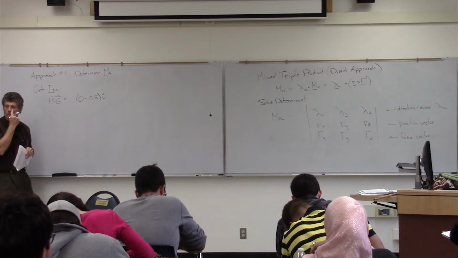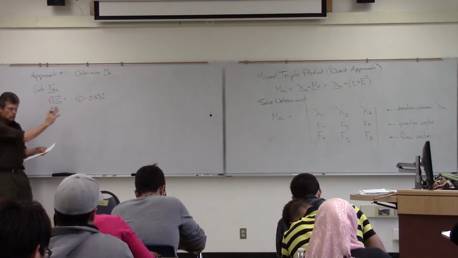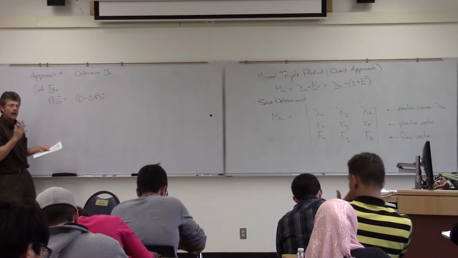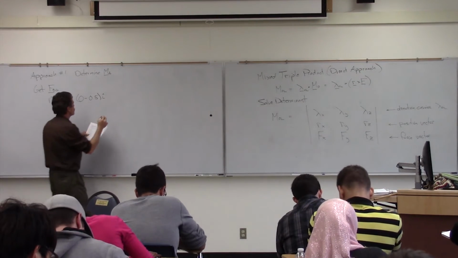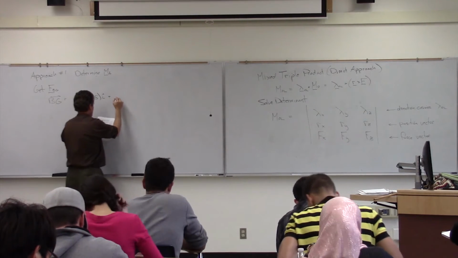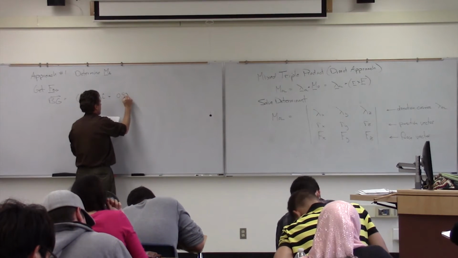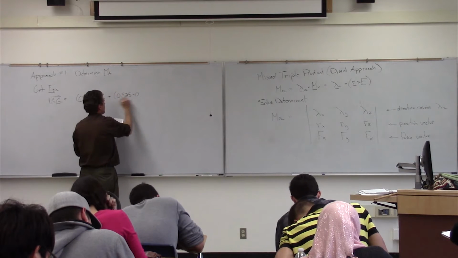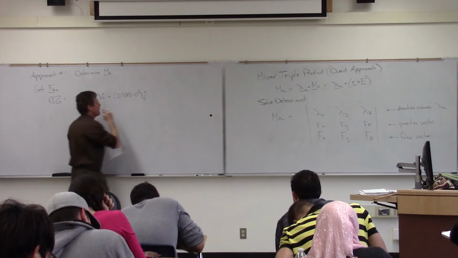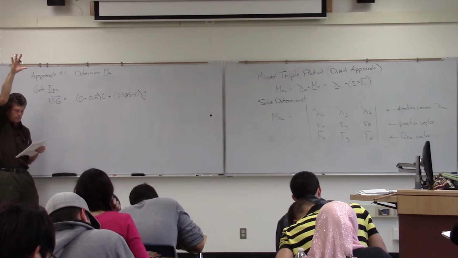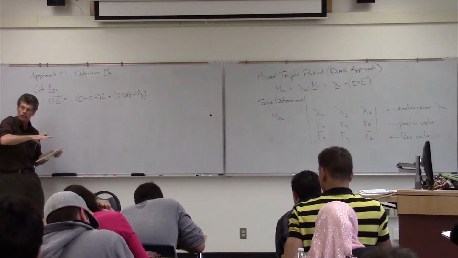You comfortable with that? So G's at 0, B's at 5 in terms of x. In terms of y, it starts off at 9.925 and comes down to 0.